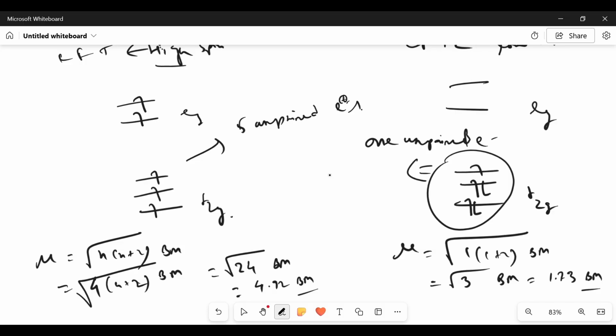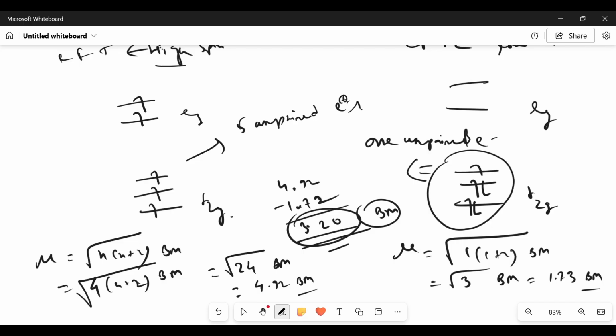Now you can take the difference, 4.92 minus 1.73, or if you take the integer value, you can put 1.72 in place of 1.73, so the difference is almost 3.2 Bohr magneton. So this is the answer.